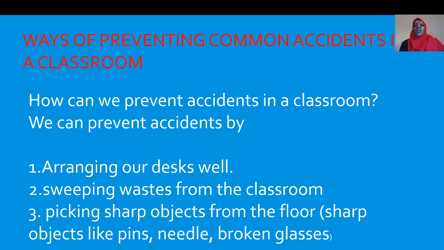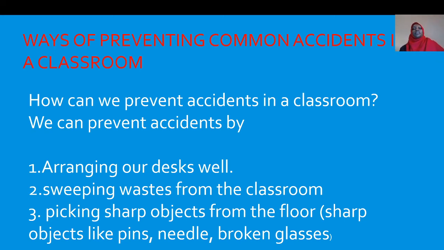By doing that, you're ensuring nothing will happen. Or maybe you come and find that the classroom is very dirty. What you do, you sweep the waste. You collect the waste and put it in the dustbin. We know very well the waste is supposed to be kept in the dustbin, not on the floor. Let's say for example you have eaten a banana and you throw the banana peel on the floor.